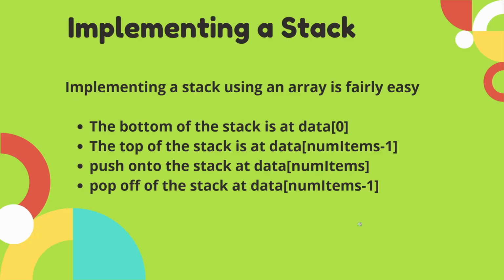Implementing a stack is always easy, and with arrays it is very easy. As you know, at the start of implementation, top will have a value of -1. As I add the first element to the stack, it should be added at the 0th index in that array. So, the bottommost element of the stack is supposed to be at the 0th index of the array.